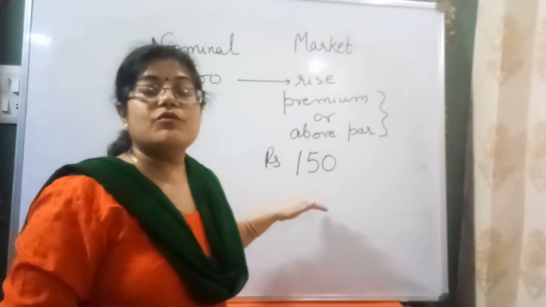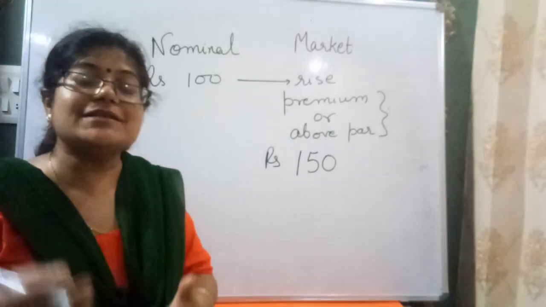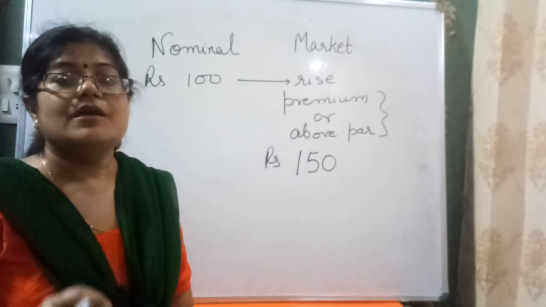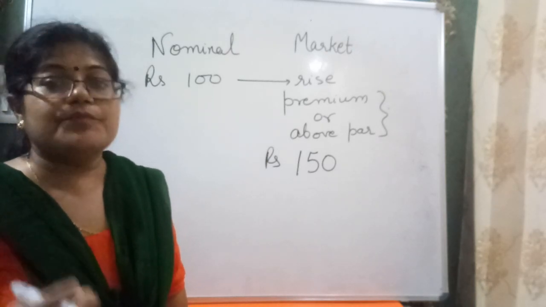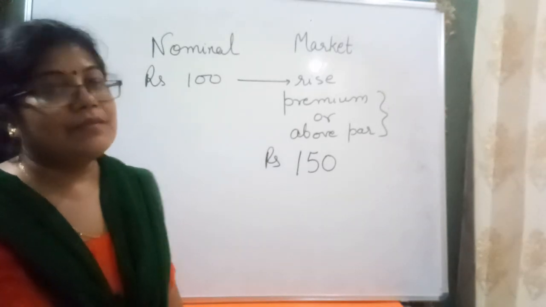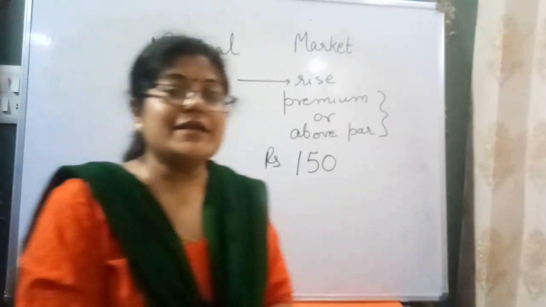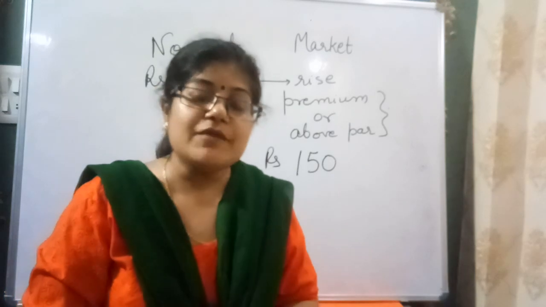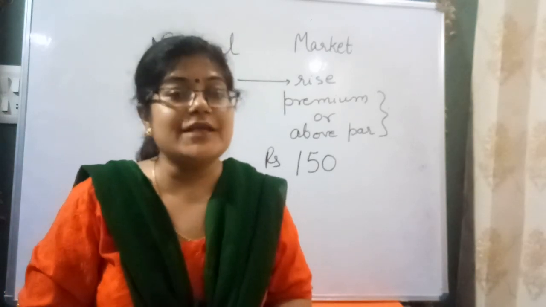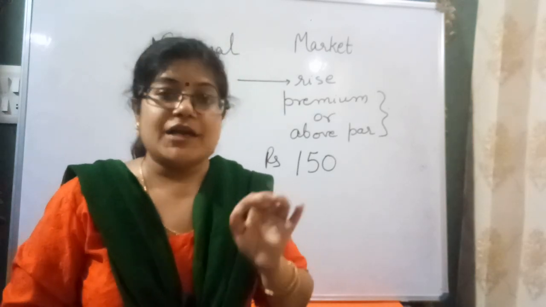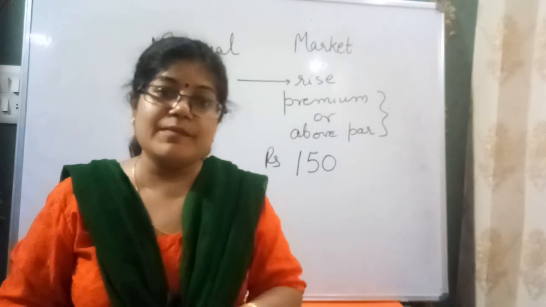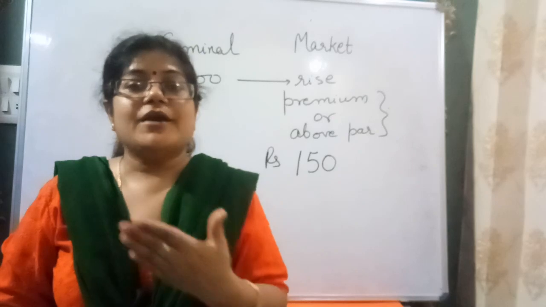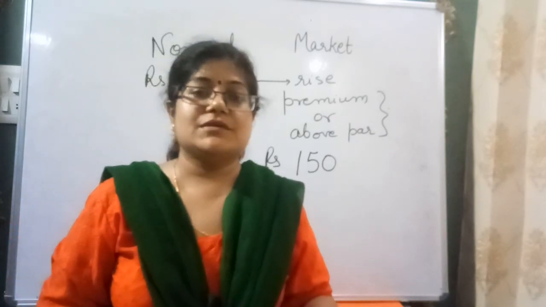The market value of the share is the price at which the share is available in the market for shareholders to buy or sell. Listen one time again. What is the market value of share? Market value of share is the price of the share at which shares are available in the market to buy or sell for shareholders.